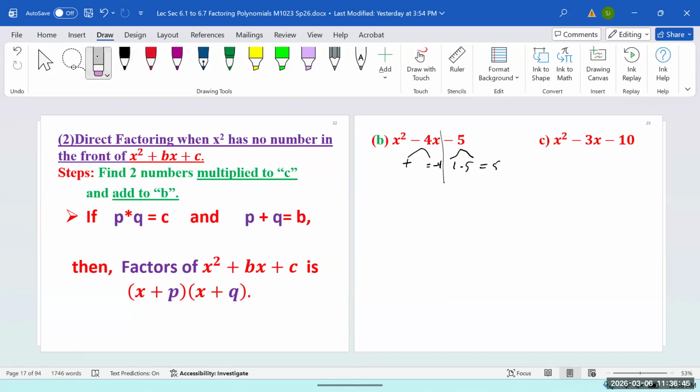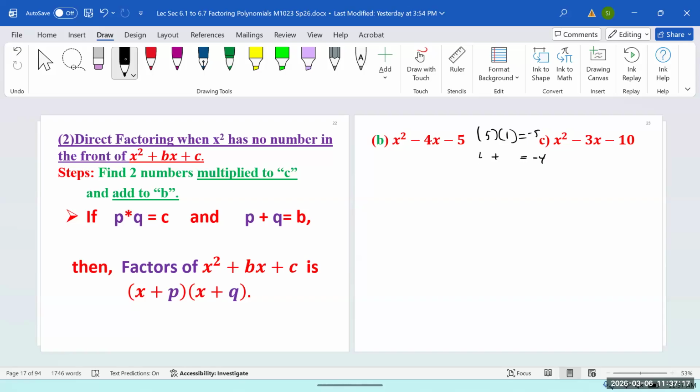So let me do it on the side, otherwise you'll think this is a required process. Two numbers multiply to -5 and add to -4. We know it's definitely 5 and 1. Now 5 times 1 is +5, but we have -5.